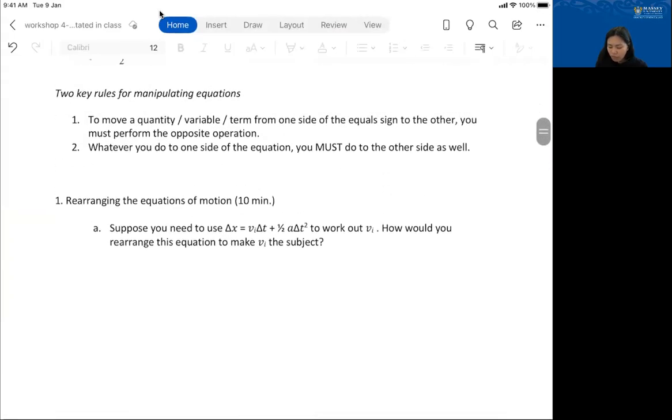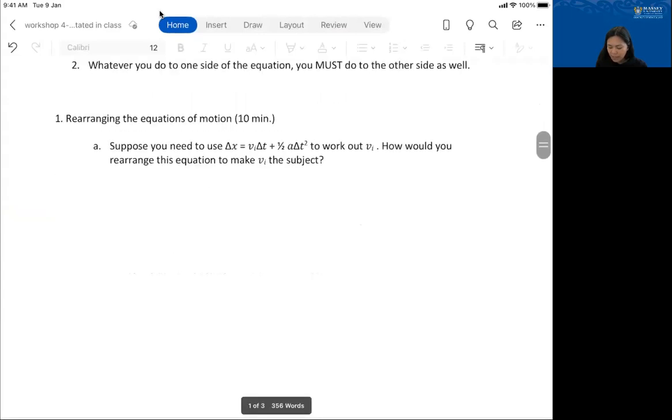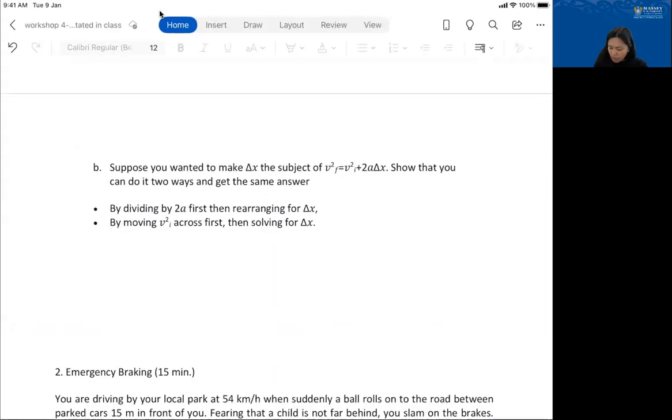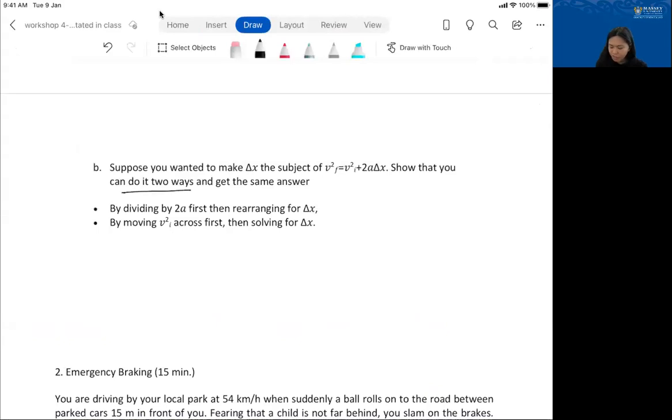In the rearranging of equations one, in the second question, it says rearrange this equation doing it in two ways. But you just rearrange it. You don't have to do it in two ways. Just rearrange it to isolate delta x.